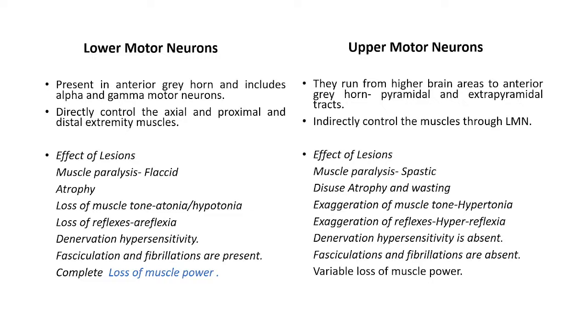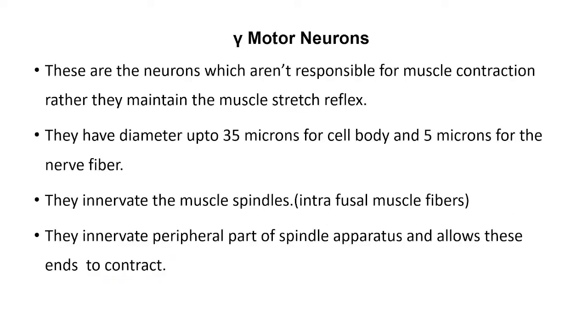Why is it so? So the gamma motor neurons, yes. Higher the level of injury. Yes, yes. For the spinal cord, we have one syndrome, Brown-Sequard syndrome.